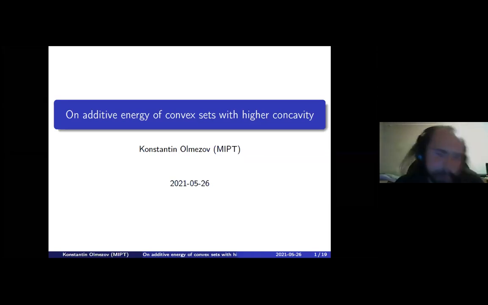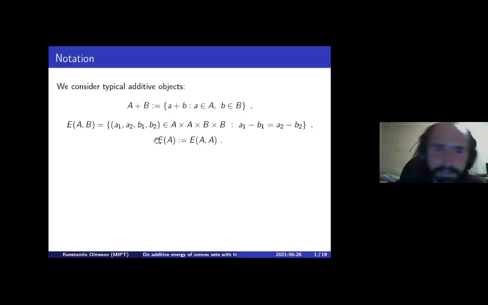Okay. Hello, everyone. I want to speak about higher concavity, and this is not a typing error. I really speak about a method where higher concavity is more useful than higher convexity, as usually. We study typical objects, some set, and additive energy.